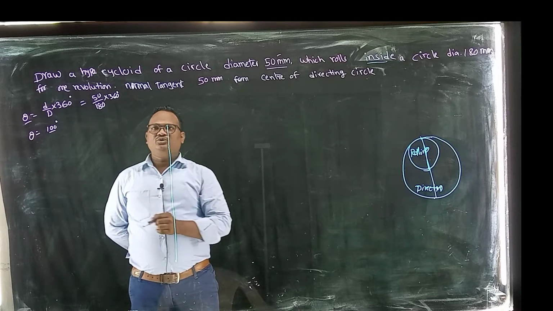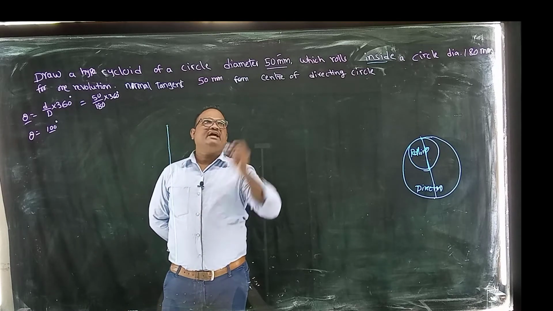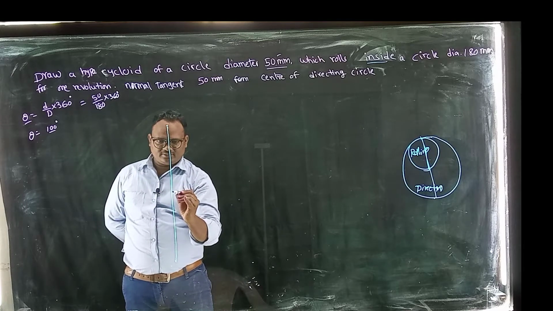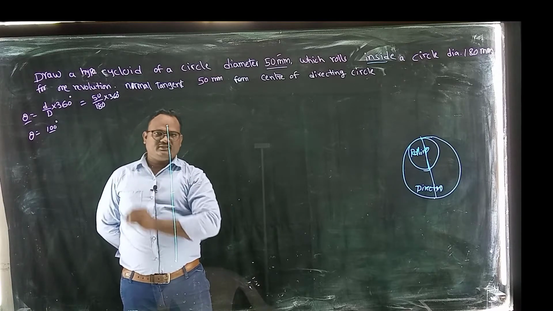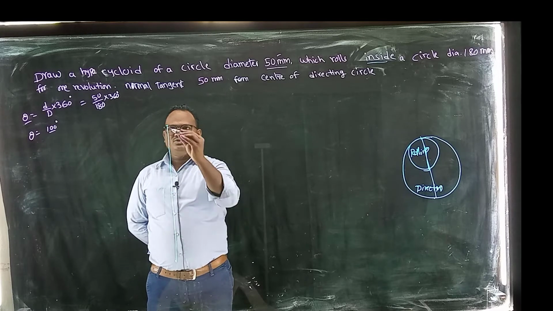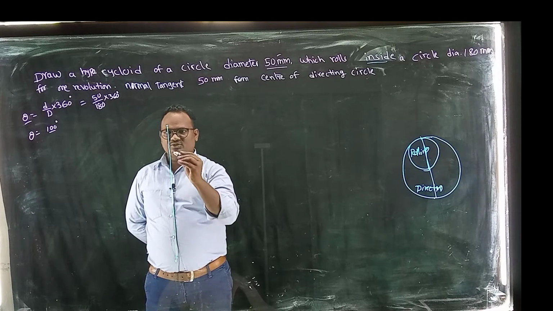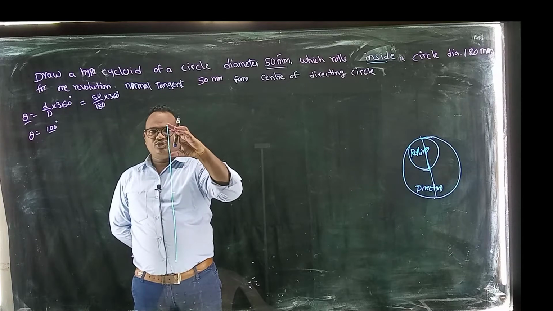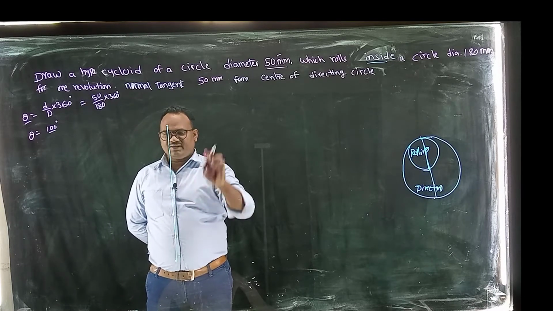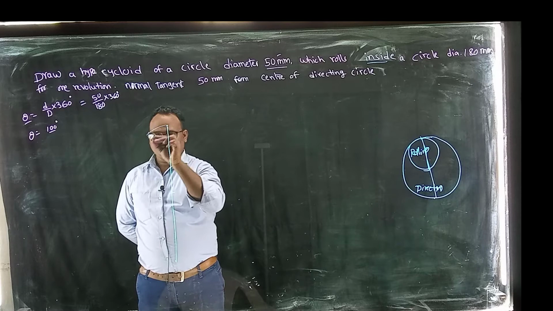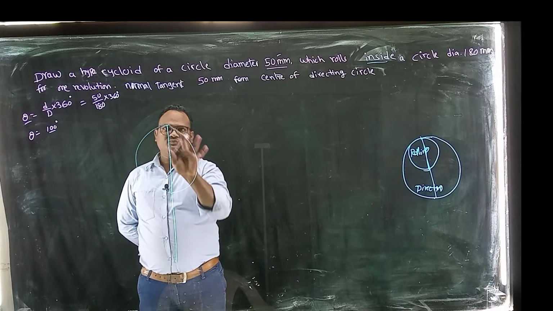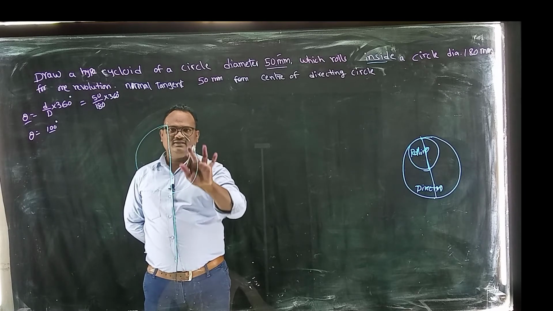Then take a rolling circle of diameter 50 mm inside, that means from here to here. Consider the midpoint, that means 25 mm as the radius, and draw a circle.